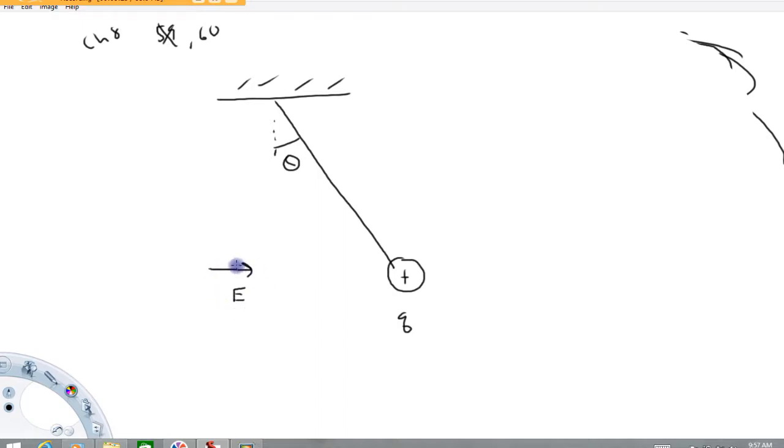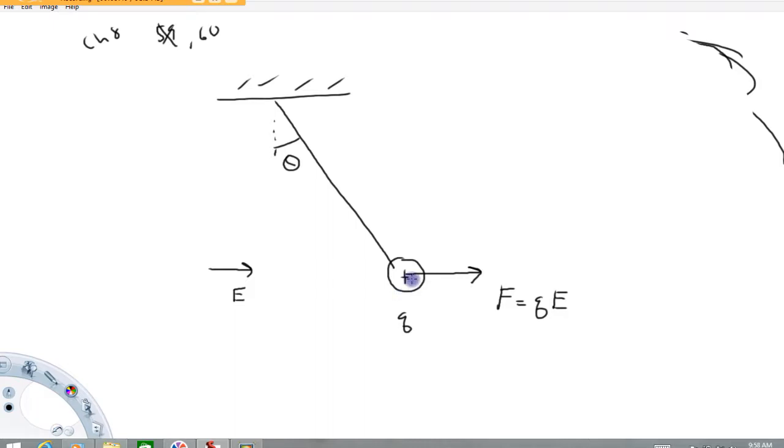Because there's an electric field and this object is charged, that creates a force on this particle in this direction. That force is equal to the charge of this object times the electric field strength.